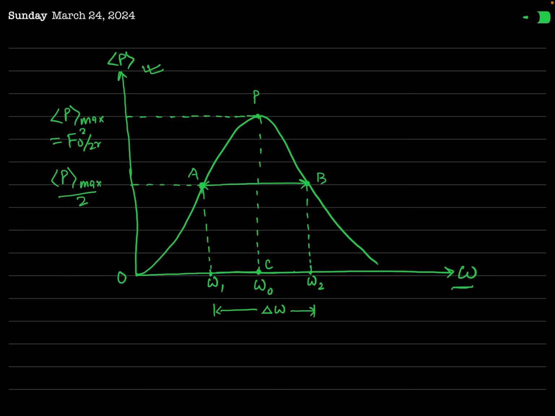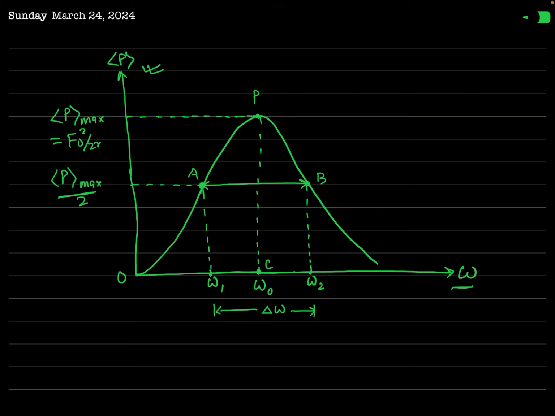If you consider that the power extracted by the oscillator corresponding to these 2 frequencies omega 1 and omega 2 is just half of the value of the maximum power, then in that very condition you can say that these points A and B are half power points.